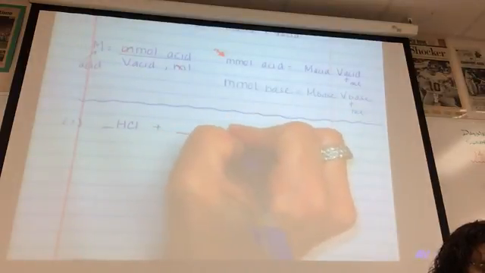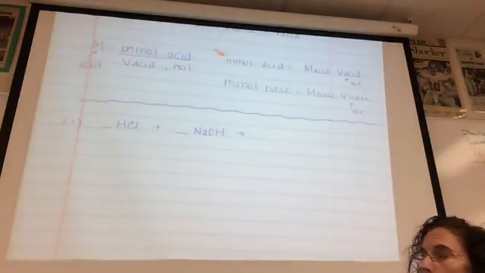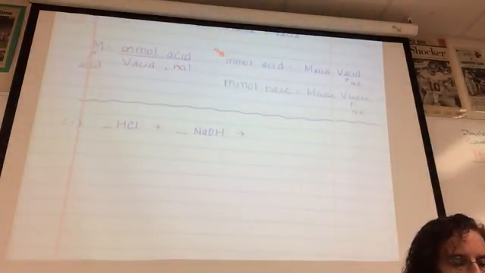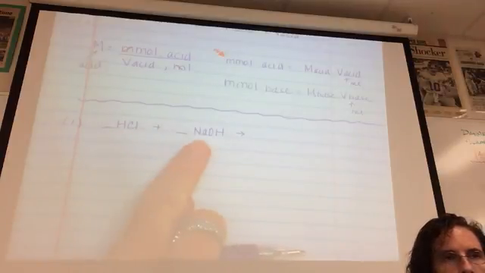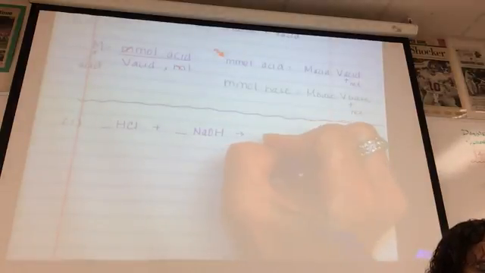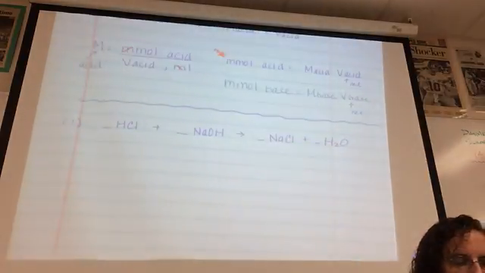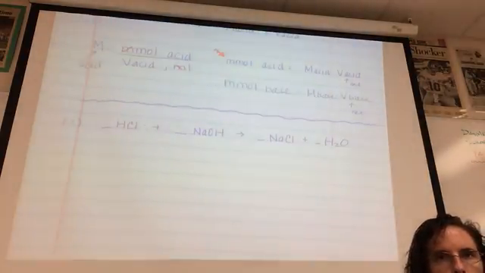And this was the reaction we saw at the very beginning, a double replacement reaction. An Arrhenius acid with an Arrhenius base always makes salt and water. Good. And this one's very, very easy. It's all balanced for you.